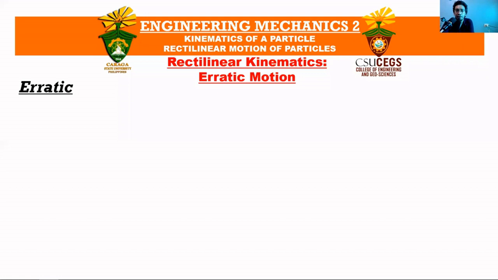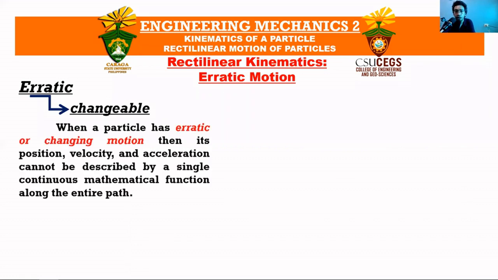So talking of erratic, when we define actually erratic, that is defined as changeable. And when we differentiate erratic to continuous motion, when a particle has erratic or changing motion, then its position, velocity, and acceleration cannot be described by a single continuous mathematical function along the entire path.